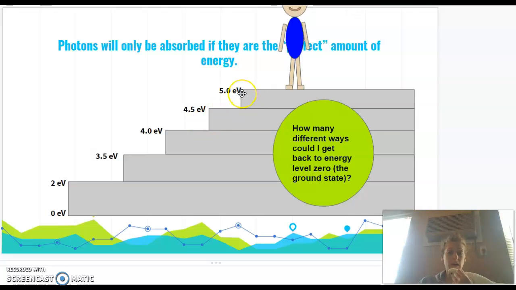I could also skip steps. I can go from 5 to 4, 4 to 2, 2 to 0. Right? Or 5 to 4.5, 4.5 to 3.5. The possibilities are endless. So take a moment, actually figure out how many unique energy levels we could move through.